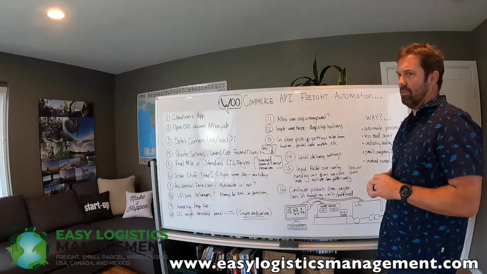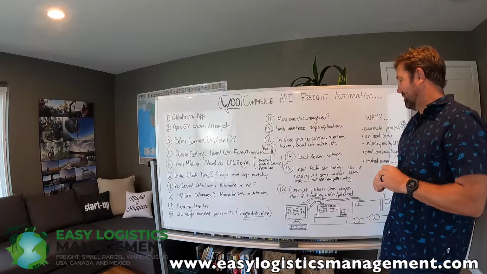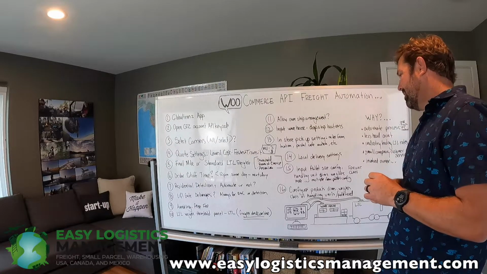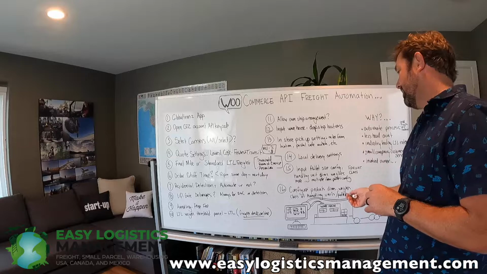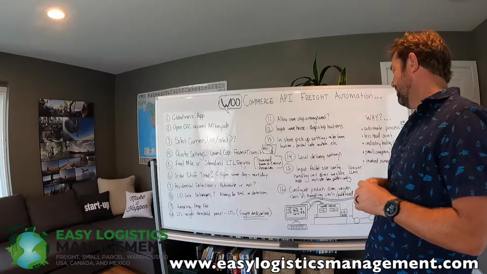Sounds fairly complicated, but once you actually look at the graphics of how you do it, it really isn't all that complicated. Number 16, configuring your product dims and weights, class and handling units, both individual handling units and palletized.